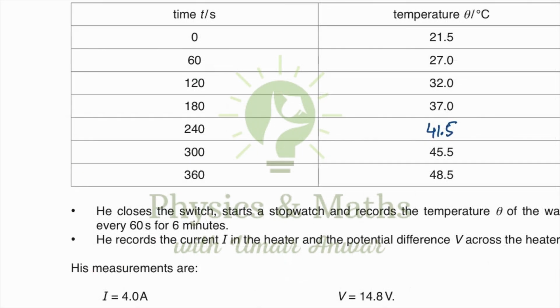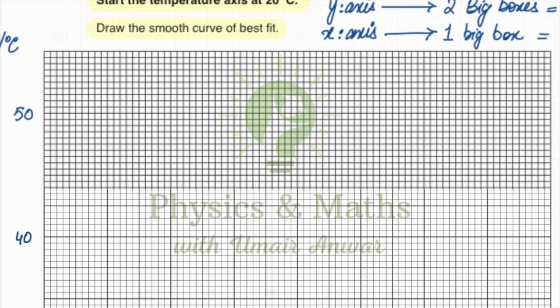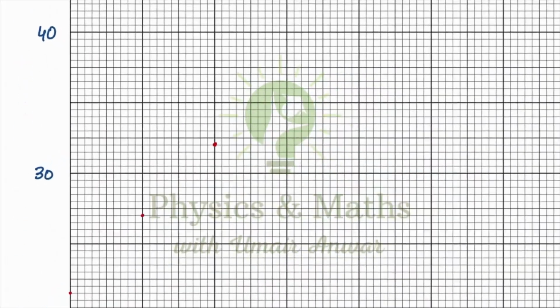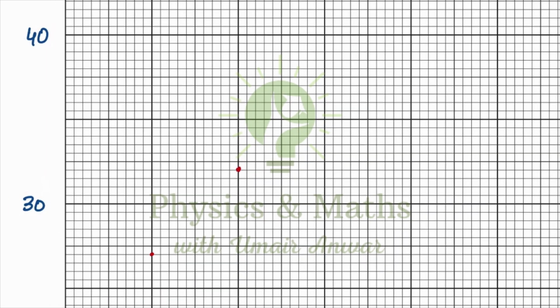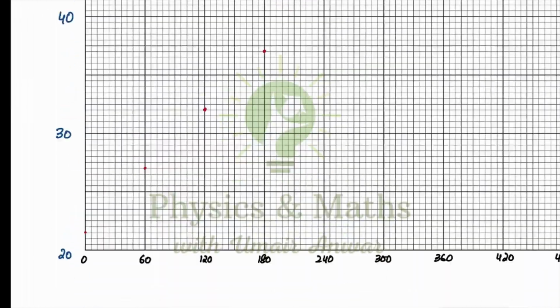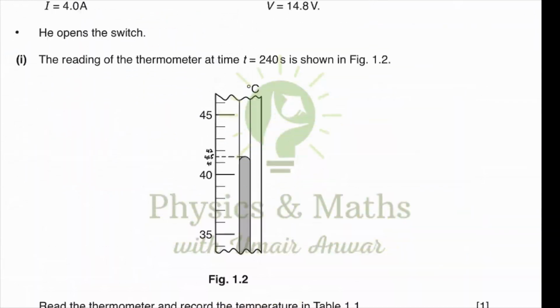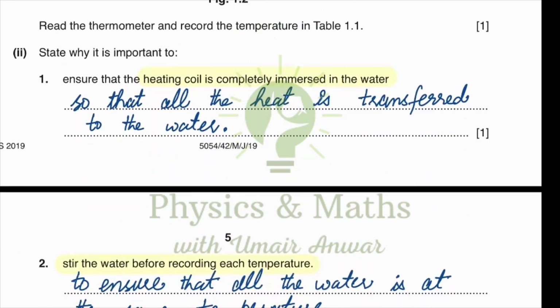And the next point we have is 180, 37. So 37 would be marked here, on the time of 180. Then at 240 we have the value of 41.5.